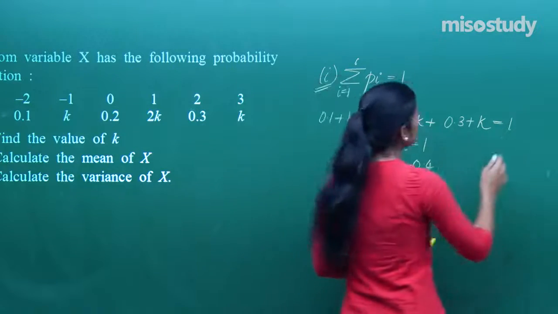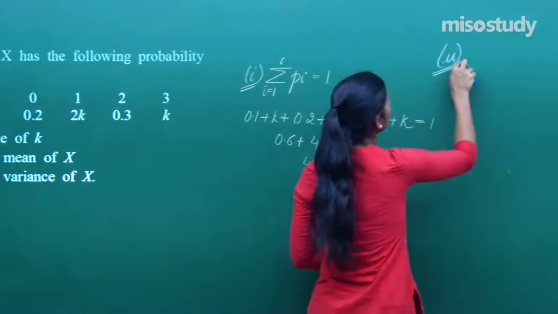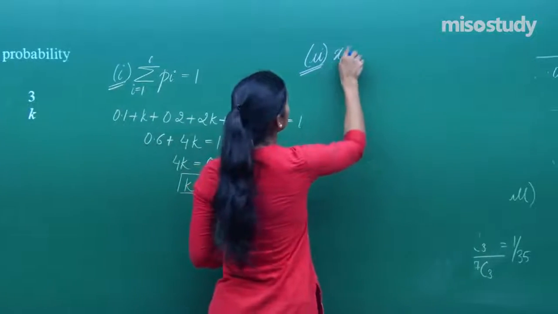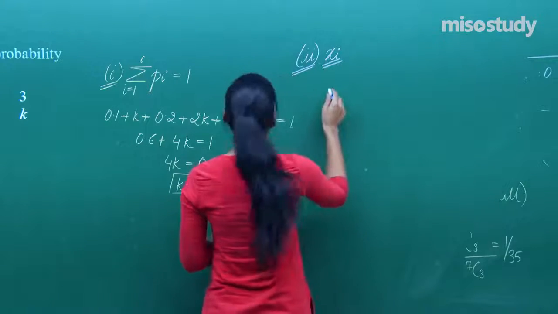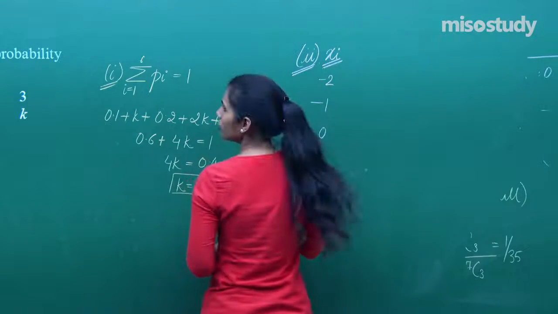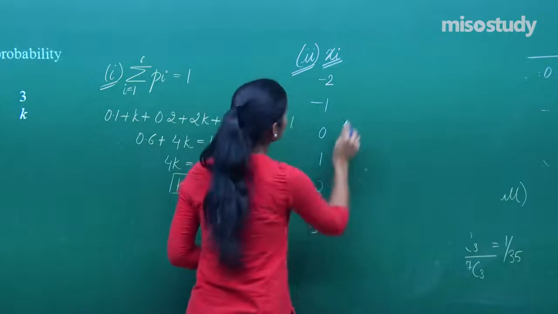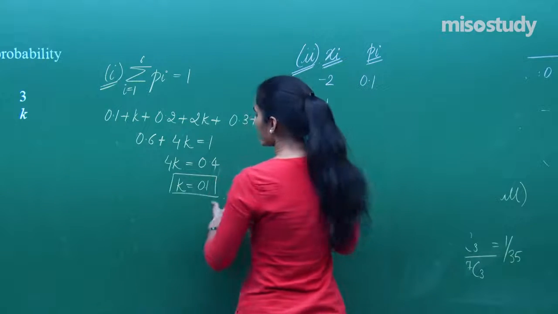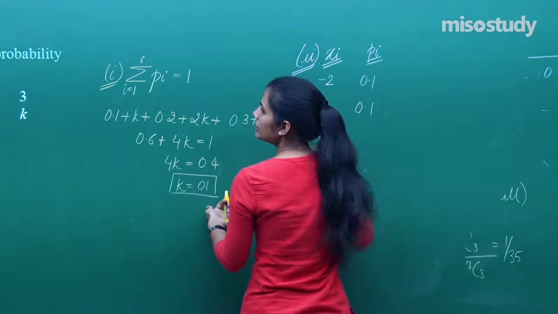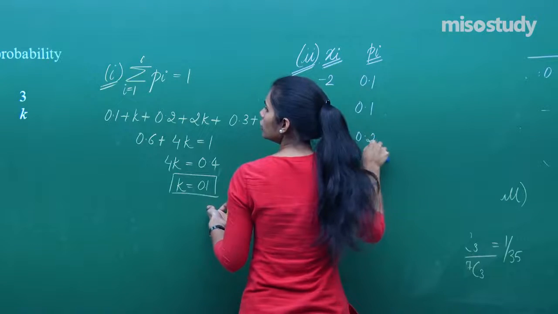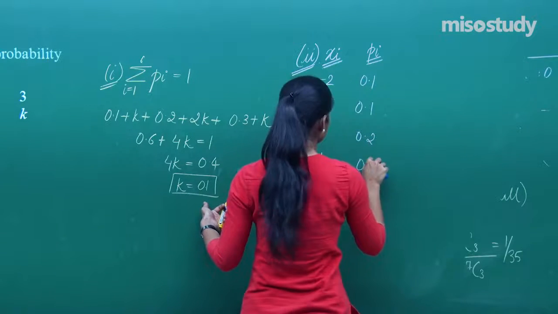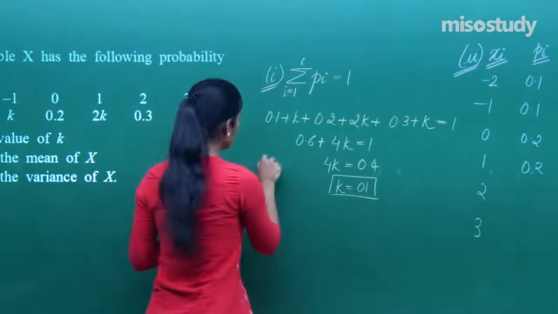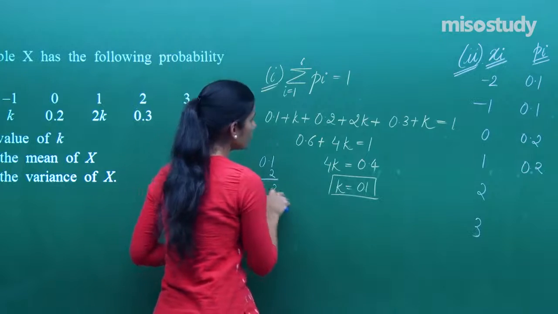Next it says calculate the mean. In order to calculate the mean, it's always advisable to draw your table of xi's, pi's and then the respective pi xi. Xi's are what? Minus 2, minus 1, 0, 1, 2 and 3. I have pi's as what? 0.1, since k is already computed to be 0.1, then 0.2, which is 2 into k, 0.1 multiplied by 2, gives you 0.2.